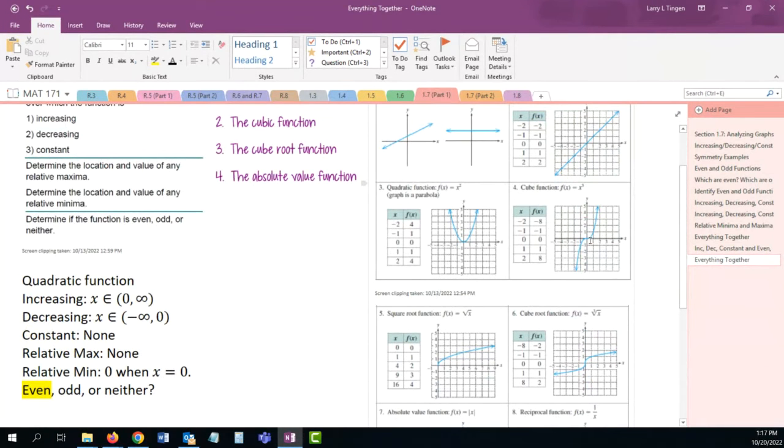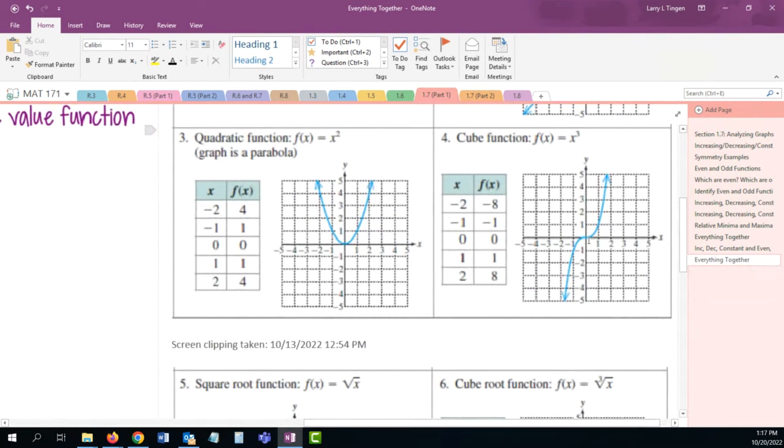Okay, so where am I increasing on this? Well, let me say it the other way. Where am I decreasing on this?